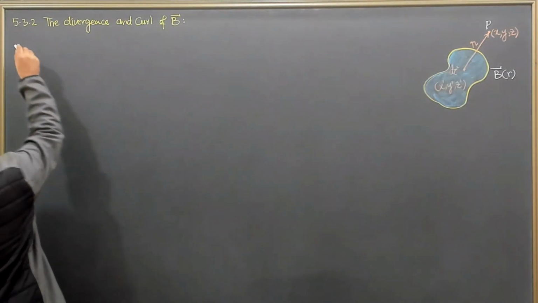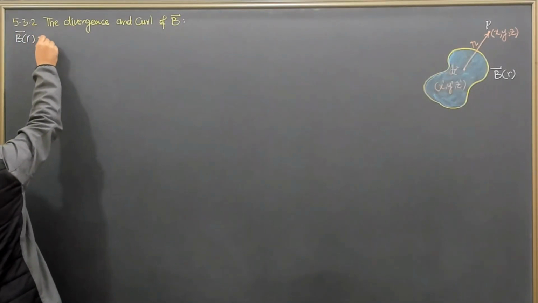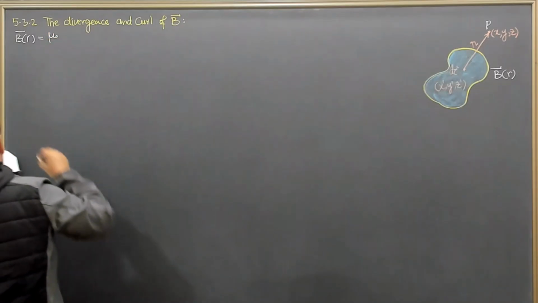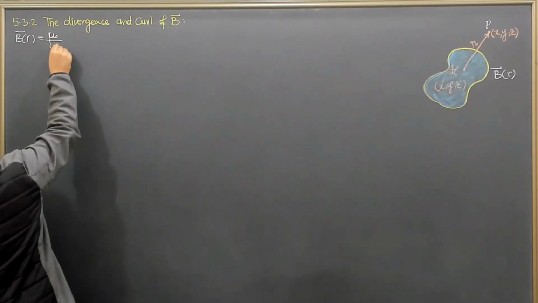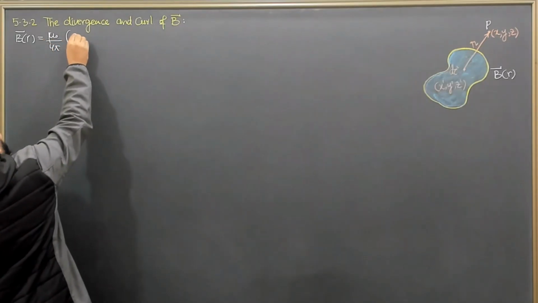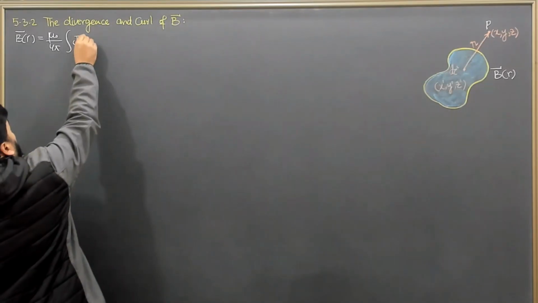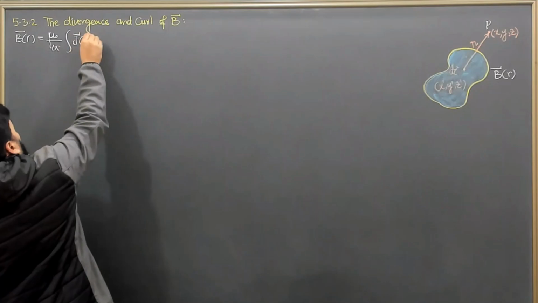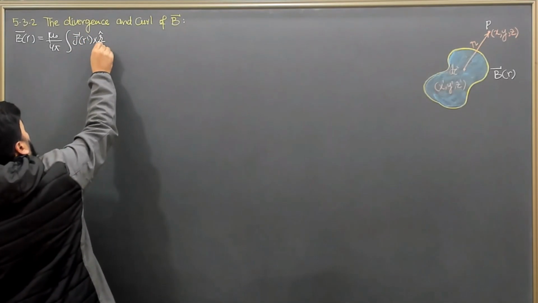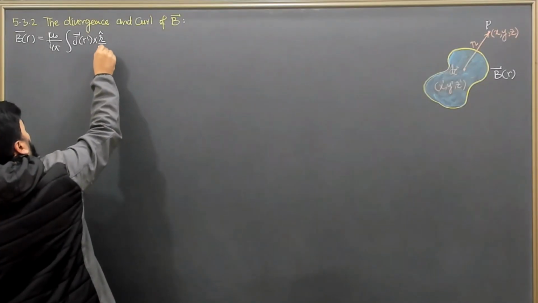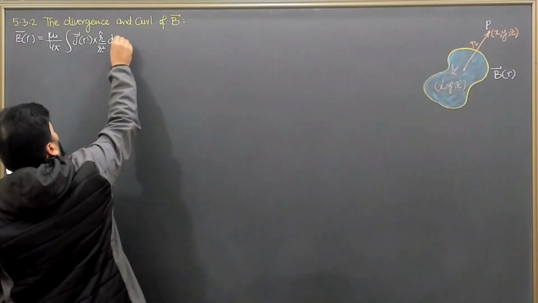We know that the magnetic field for the distribution of charge is mu naught over 4 pi, integral of J, and J is in primed coordinates, J of r prime, cross r unit vector over r squared, d tau prime.